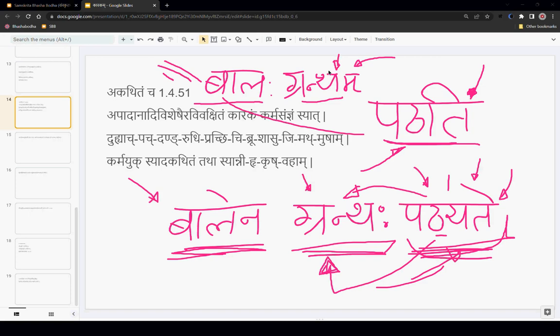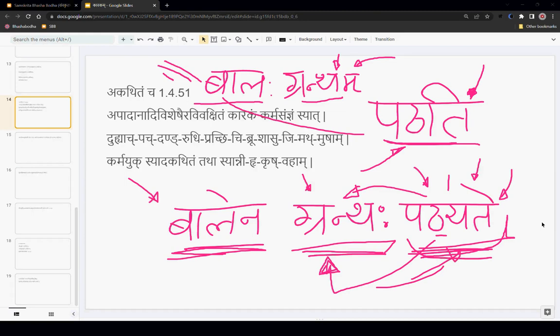Karma padam doesn't change in karmani prayoga or kartari prayoga. Even in the kartari prayoga, granthan itself is the karma padam. Only the vibhakti changes in these prayogas. Karaka, karma padam, kartru padam, they don't change.